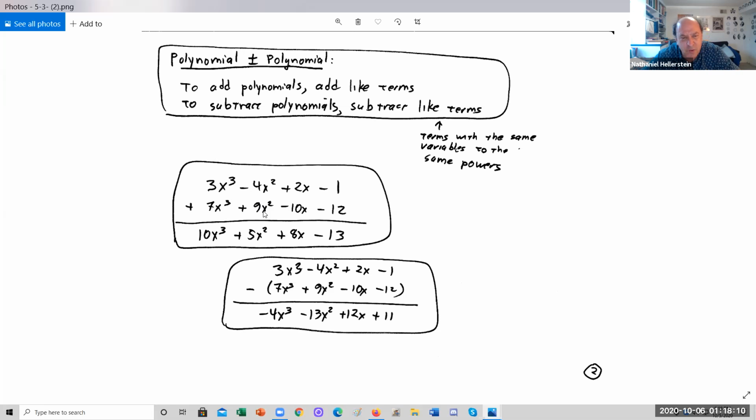But minus 4x squared plus 9x squared adds up to 5x squared. 2x minus 10x adds up to, no, negative 8x. I made a mistake. I'm going to have to change that. This is 10, 5, negative 8. Negative 1 plus negative 12 is a negative 13.